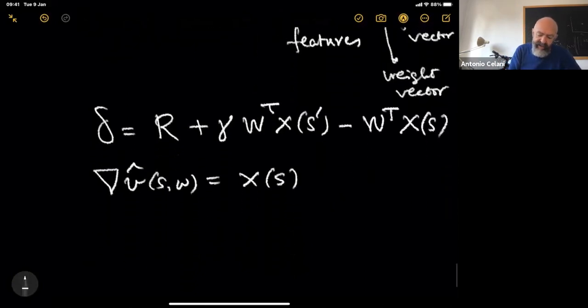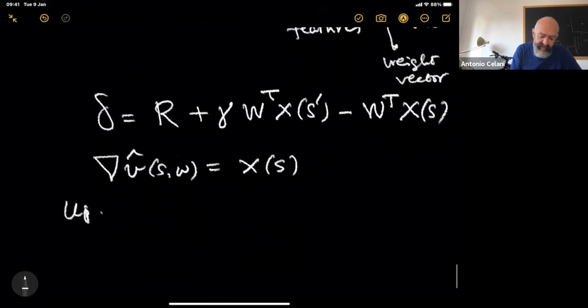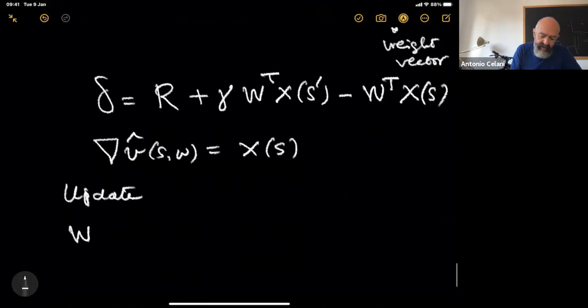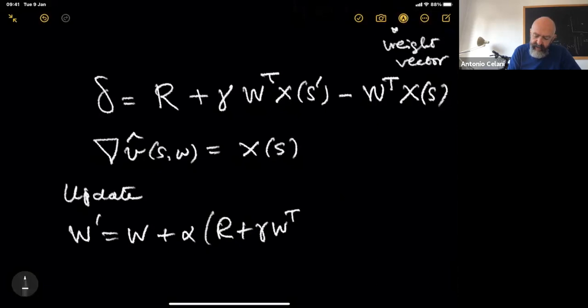So summarizing, the update is w prime equals w plus alpha, and then you have your temporal difference error, which is explicitly w transpose x, and this is multiplied times x.